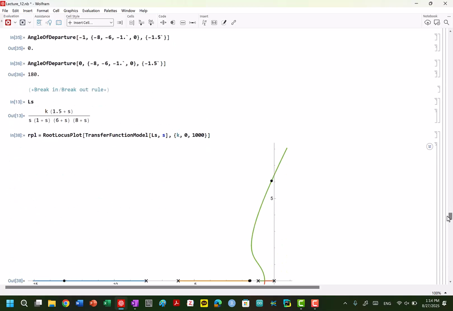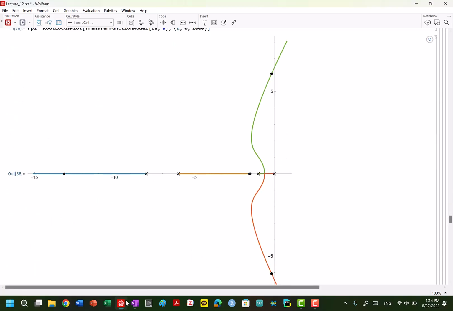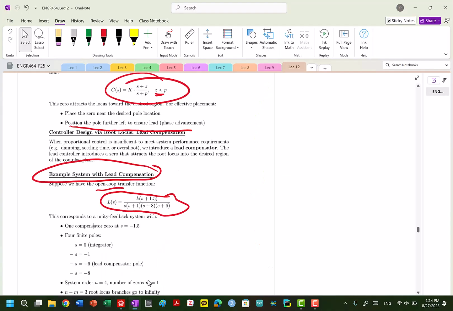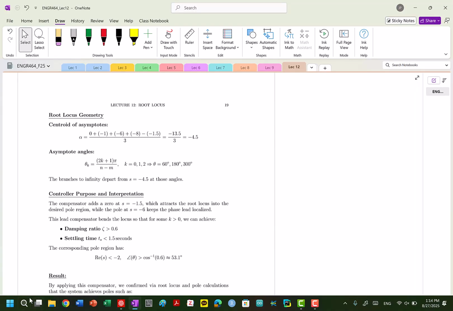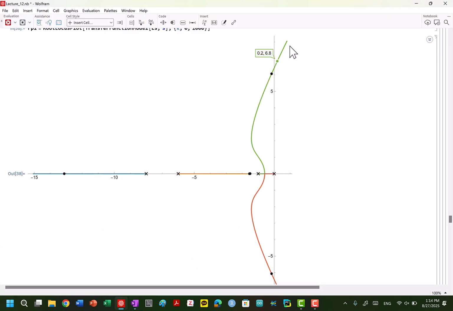The key thing that we're going to see is, all right, we've designed essentially that system. We've analyzed, and we can see the centroid of the asymptotes. So basically, this is going to asymptote and cross our axis at basically minus 4.5.